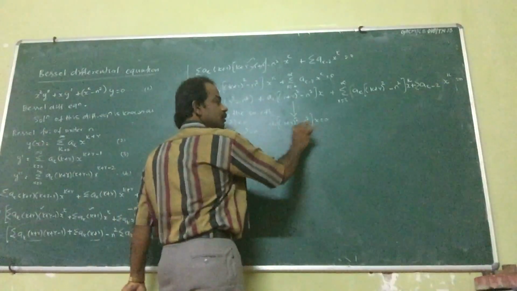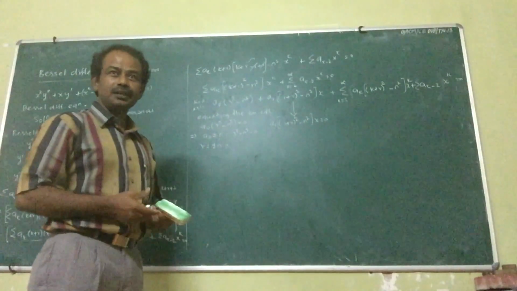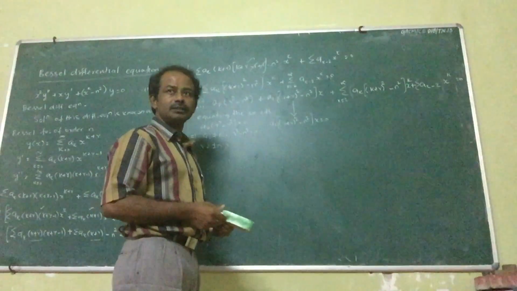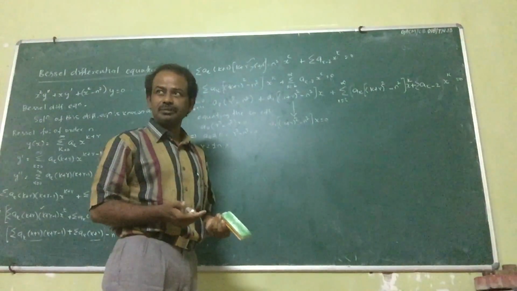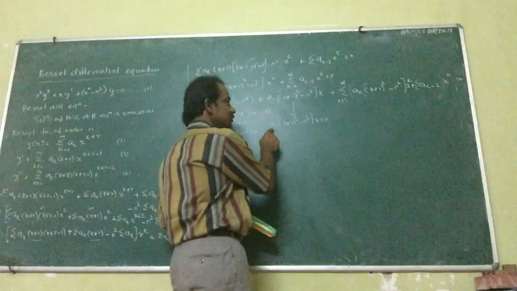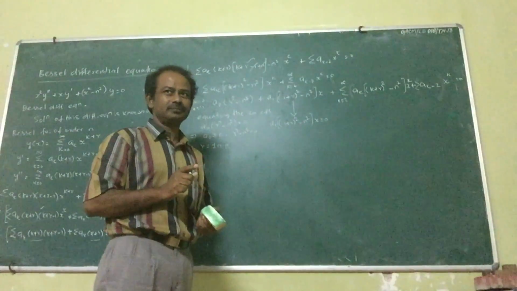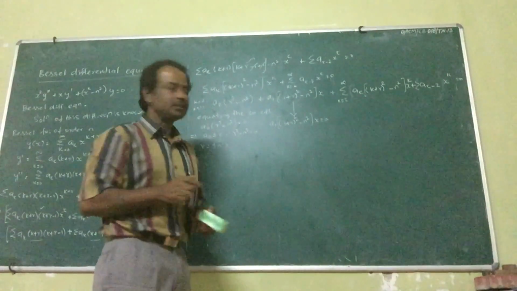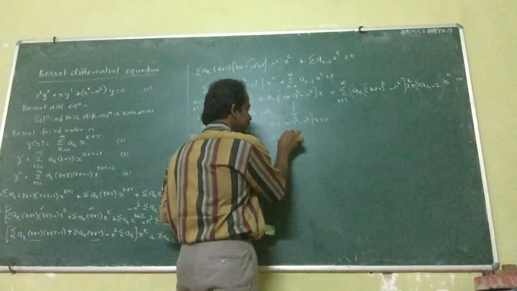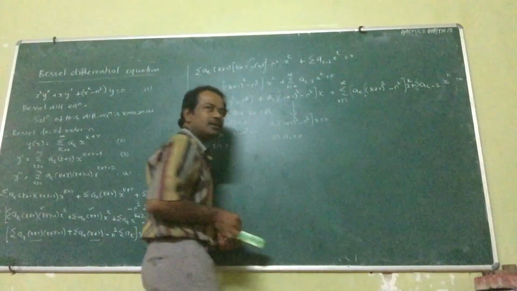So this term should not be equal to 0. The only possibility is that a1 must be equal to 0. So it implies clearly that a1 equals 0.